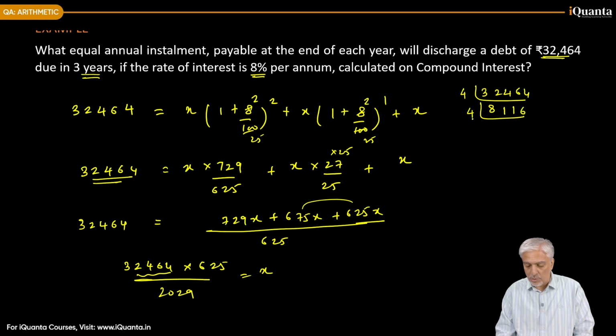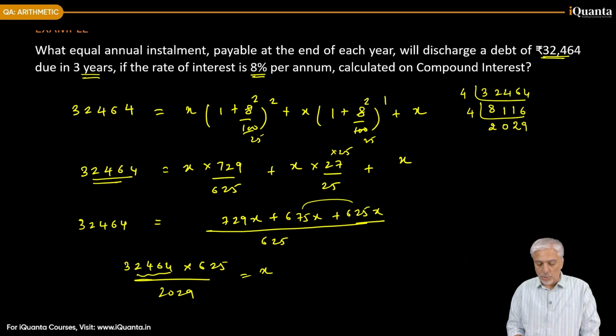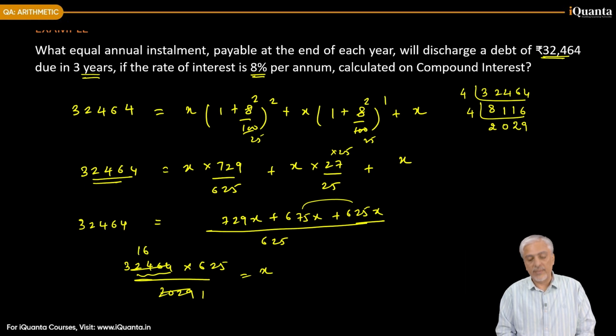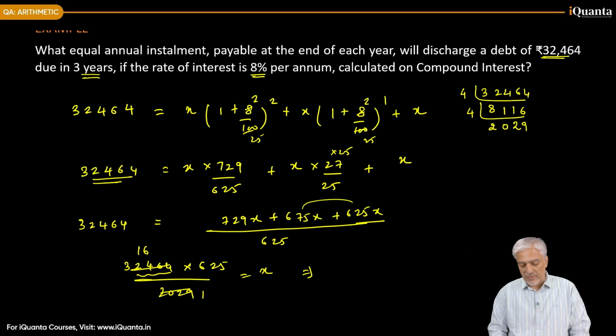It will again go in 4. Great. So 32464 is nothing but 4 into 4 into 2029. So 2029 will cut here exactly 16 times. And my answer is 625 into 16.